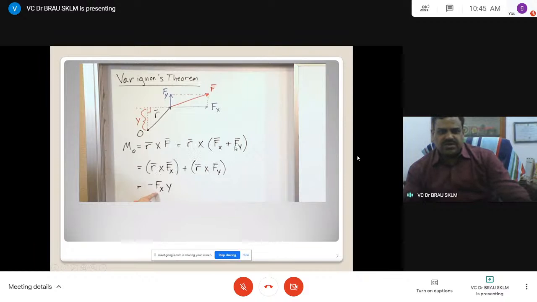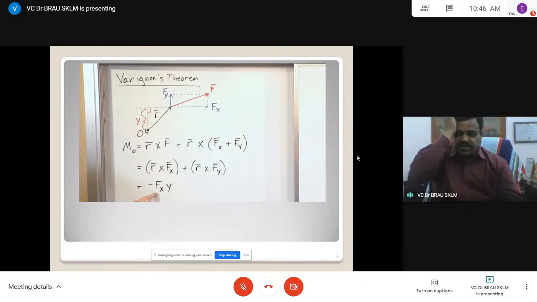If you expand R cross Fx, Fy, here Fx into the perpendicular distance y, and Fy also can be considered. Now if we add them, the proof can be considered about the point O. Like that you can explain.